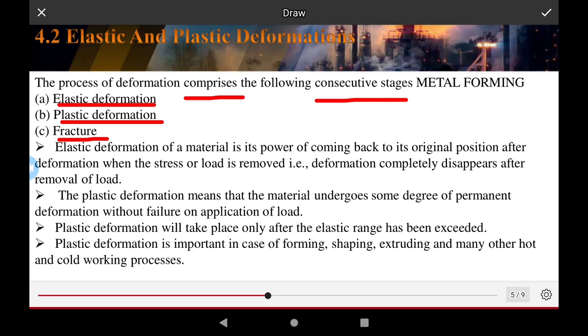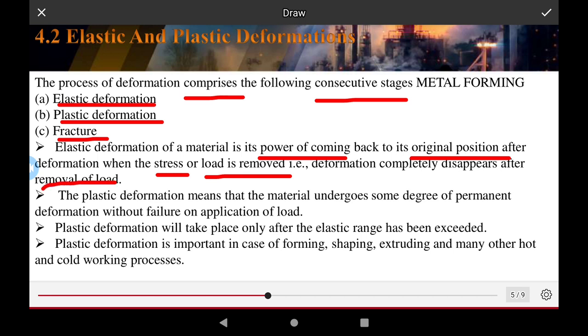Elastic deformation of the material is the power of coming back to its original position after deformation. When the stress or load is removed, the deformation completely disappears after removal of the load.